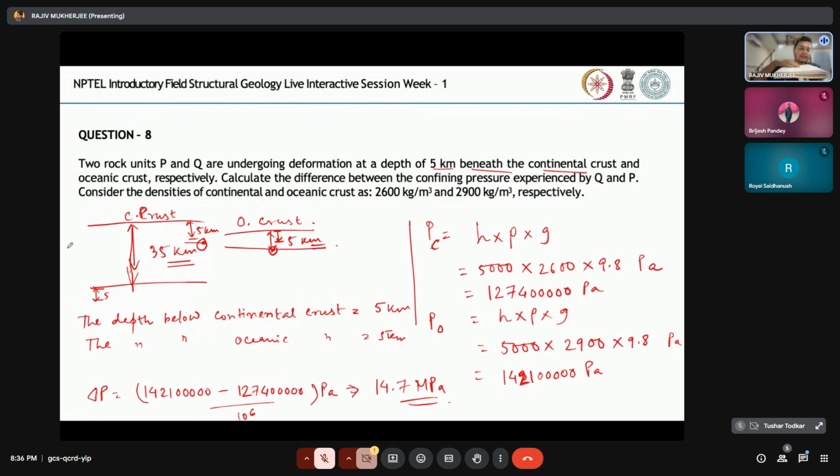Confining pressure means if I am applying stress from this direction, then certain pressure should also come from the top, which will resist whatever force I am applying from the side. Since there is no resistance above the top page, it is very much easier to fold it, right? Like this.